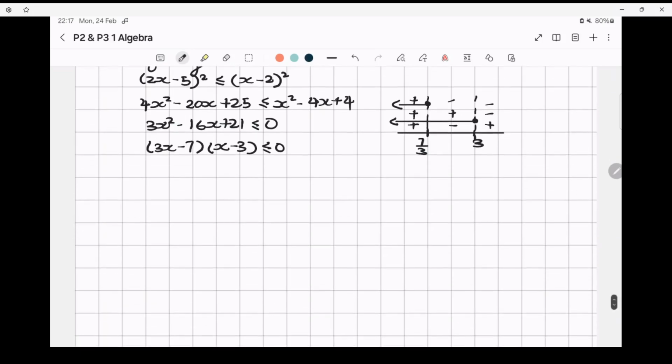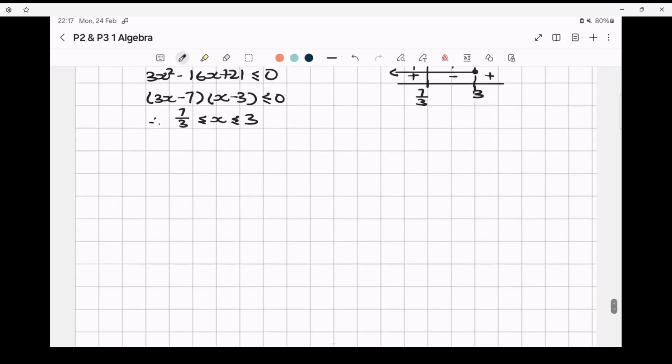So finally, it has to be smaller than 0. Therefore, your inequality is actually 7 over 3 smaller or equals to x smaller or equals to 3. Okay.